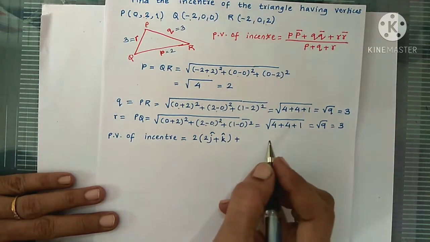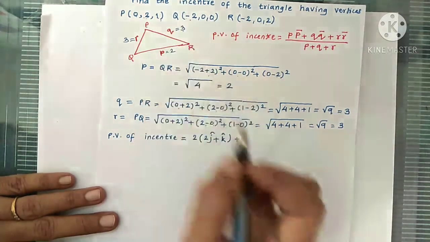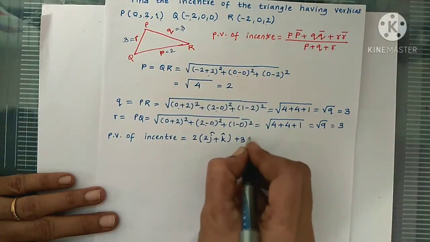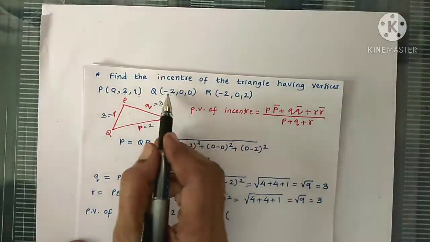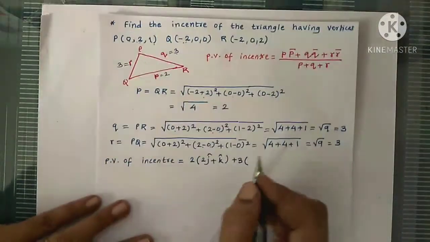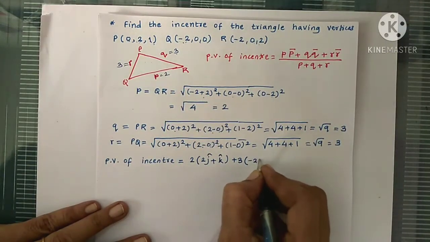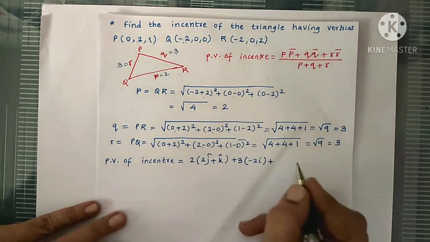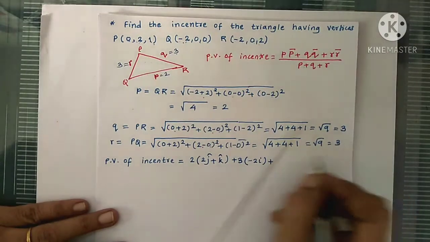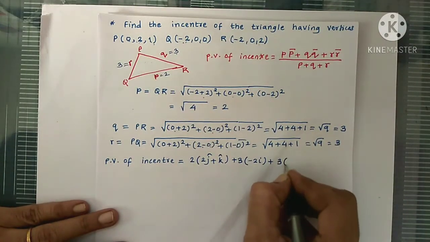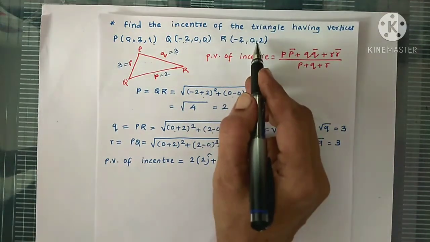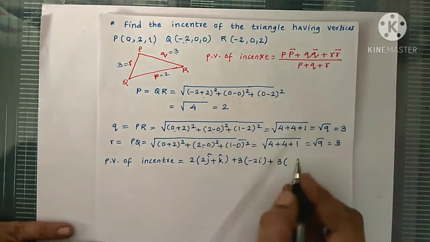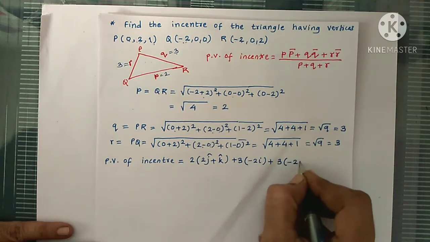Next one is q bar. Length q is 3 multiplied by Q bar. Q is minus 2, 0, 0. So Q bar is minus 2i, plus r bar. Length r is 3 multiplied by R bar, that is minus 2i plus 0j plus 2k.